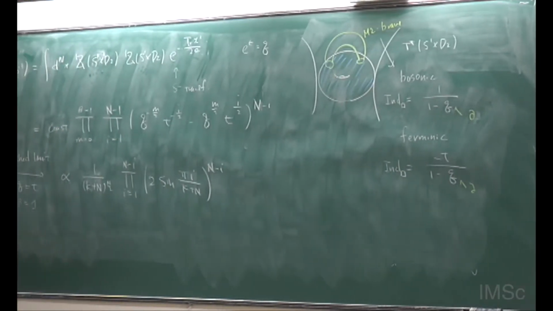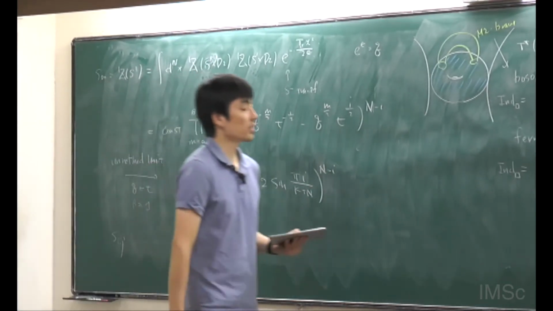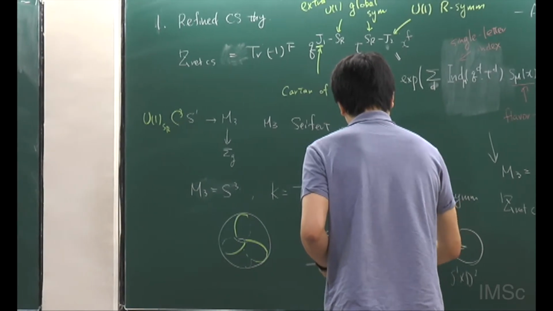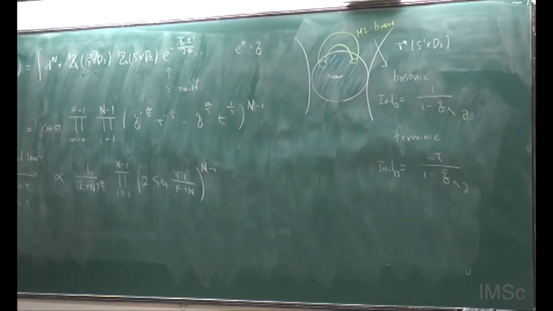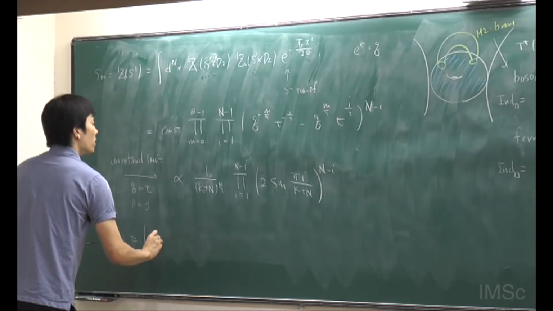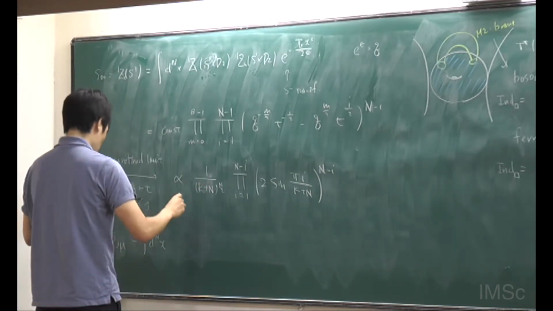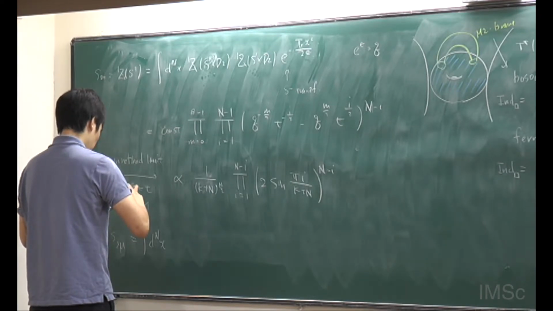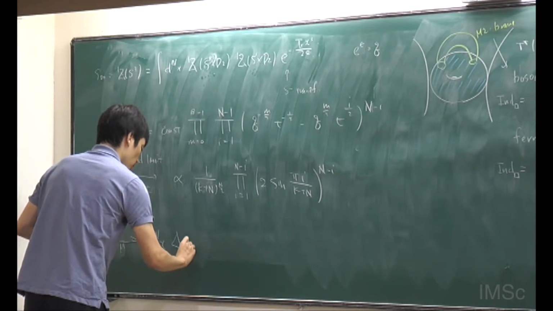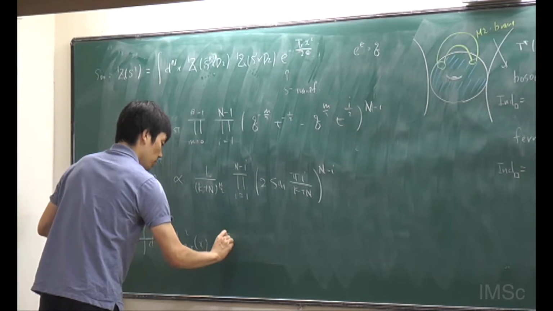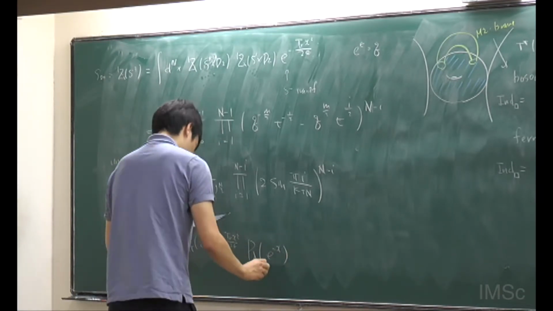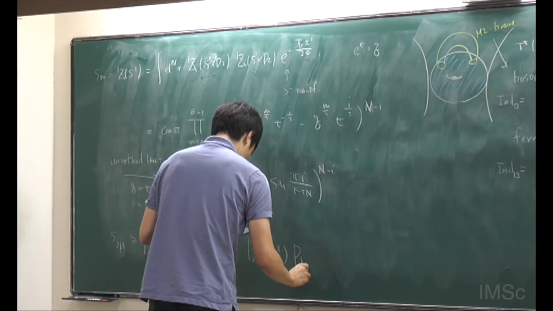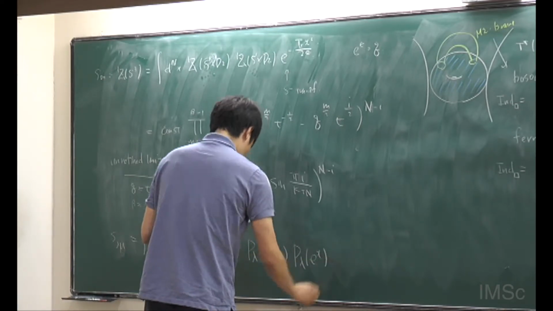And the argument is, if you put some Wilson loop inside the solid torus colored by lambda and mu, then what you're going to get is S lambda mu, the integral dnx, with the Macdonald measure Delta q t of x, e to the minus trace of x squared over 2 epsilon, the Macdonald function P lambda of e to the minus x, and P mu of e to the x.